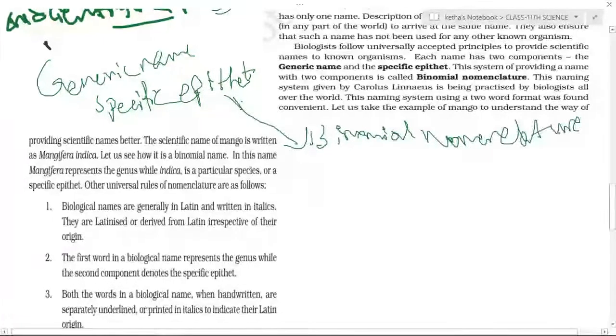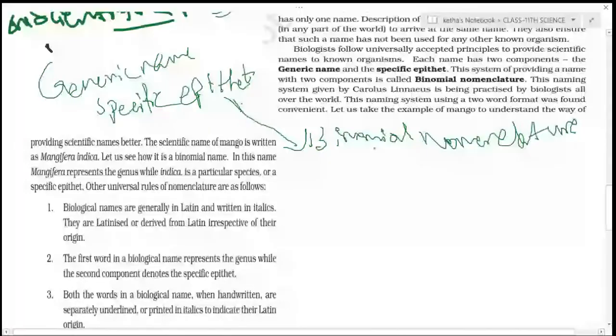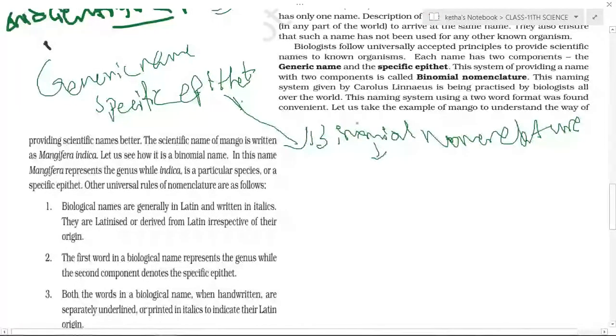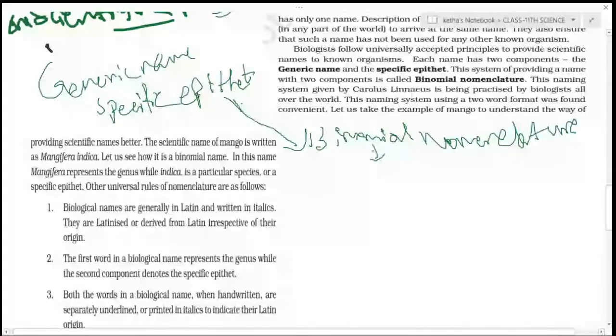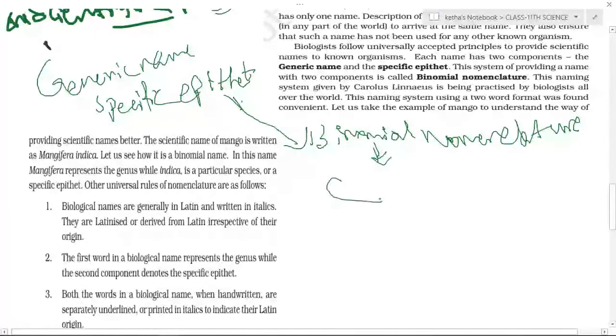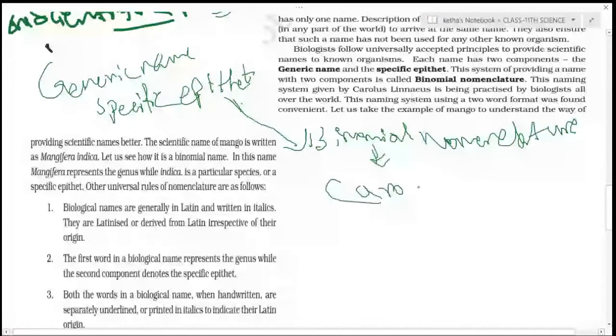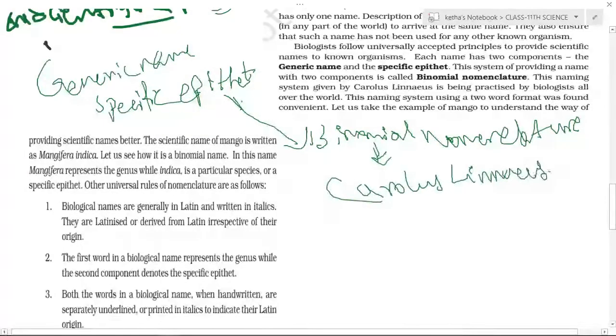This naming system was given by Carolus Linnaeus and is being practiced by biologists all over the world. This binomial nomenclature system was given by the scientist Carolus Linnaeus.